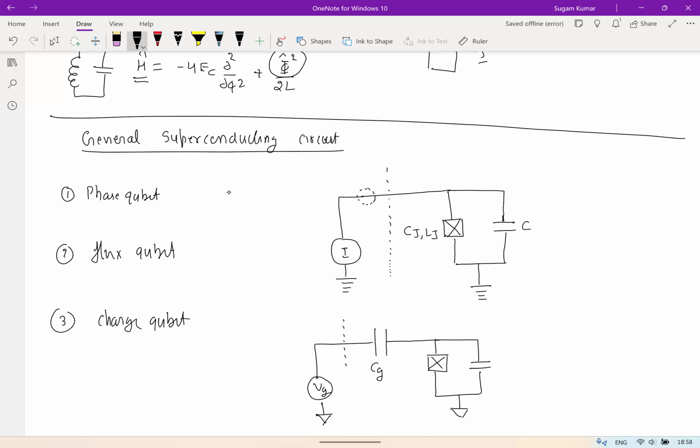This line means on this side you have room temperature, and on this side you have low temperature. Here also, on this side you have room temperature, and on this side you have low temperature.